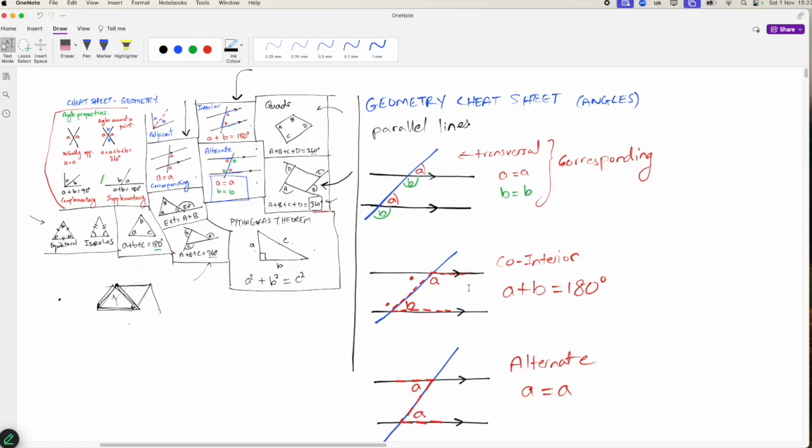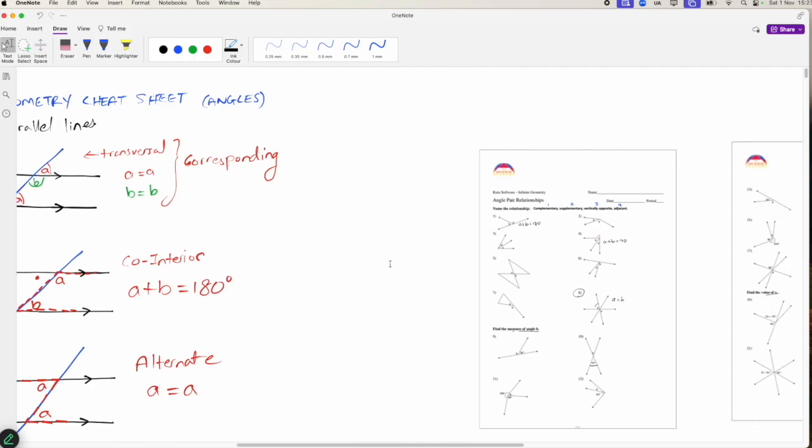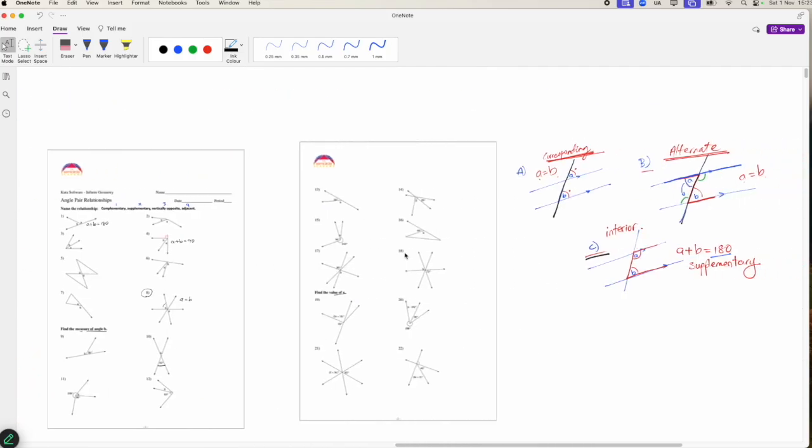Not just you, Nikolai, everybody. I'll tell you all straight up that if you do not know this, you will fail the exam, because half of your paper 2 requires this knowledge. Half of your paper 1 requires this knowledge. If you don't know this, you're failing, just like if you don't know algebra.